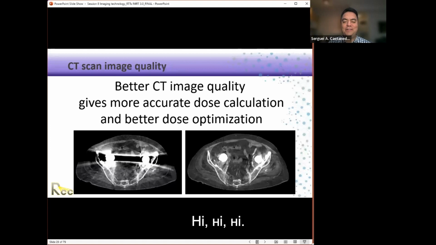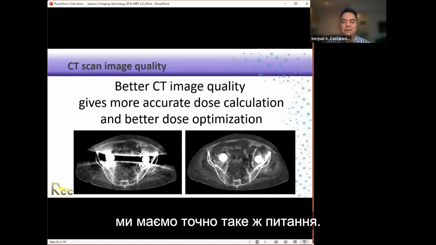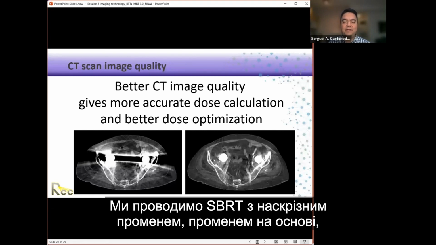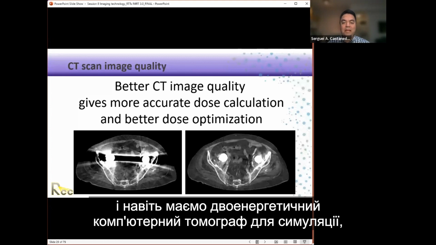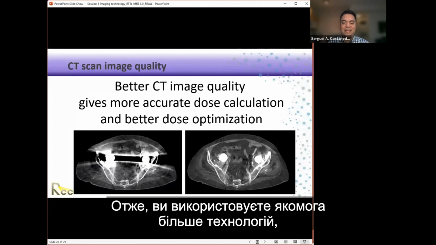No, very good. We actually have exactly the same question in my center right now. We are doing SBRT with TrueBeam, VMAT based, and we even have a dual energy CT scanner for simulation, and you can have all the IMAR artifact reduction. So you use as much technology as you can.